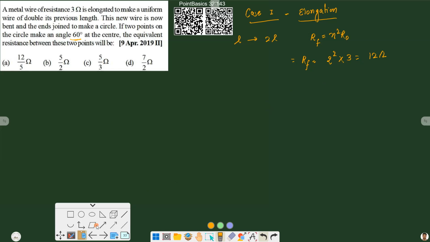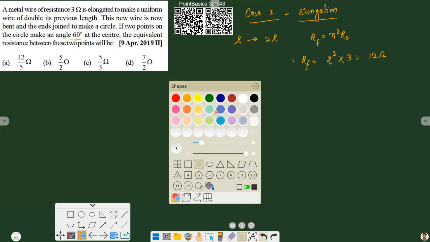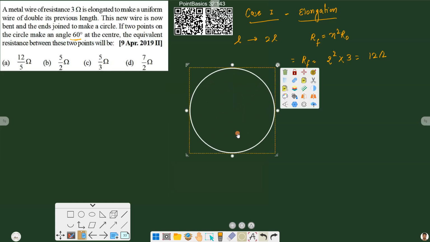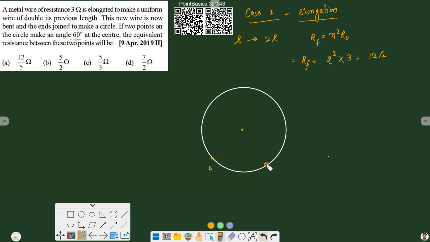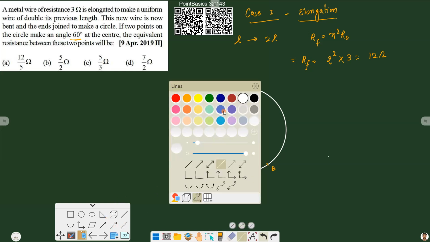Now let us consider a circle, as it is mentioned that this wire is bent to form a circle. So suppose our wire, which has a resistance of 12 ohm, is bent to form a circle, and here we have to consider 2 points. Suppose this is point A and this is point B, and they are at a 60-degree angle from each other.